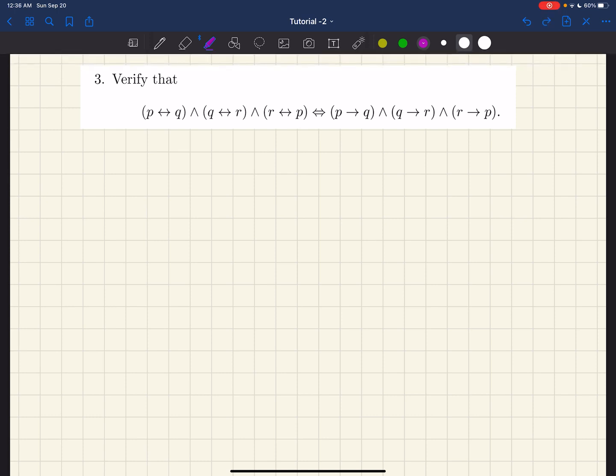Since we have 3 variables, we would need 8 rows in our truth table. So P, Q, R.